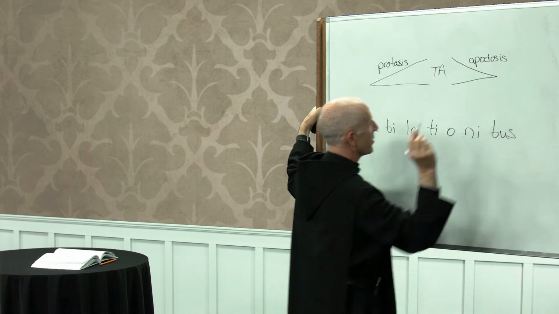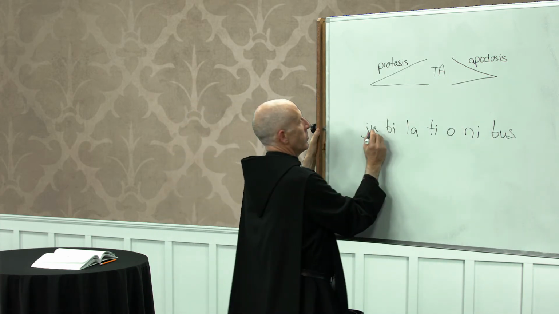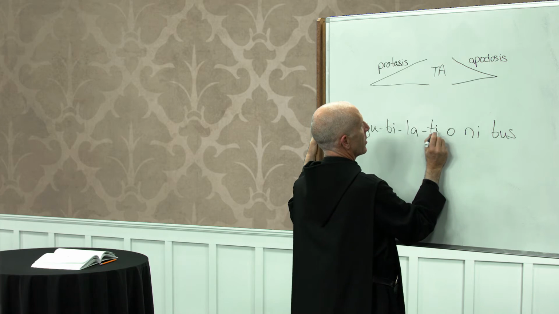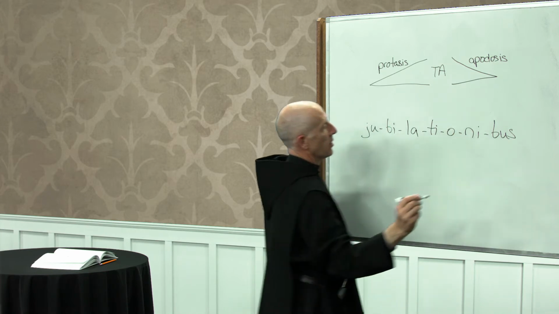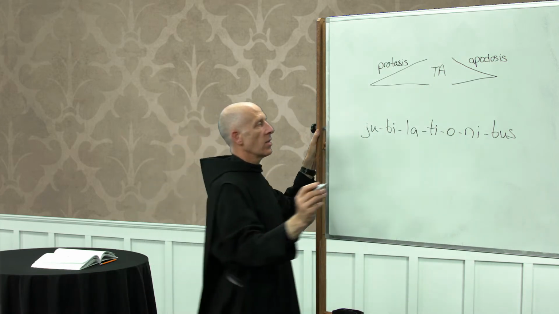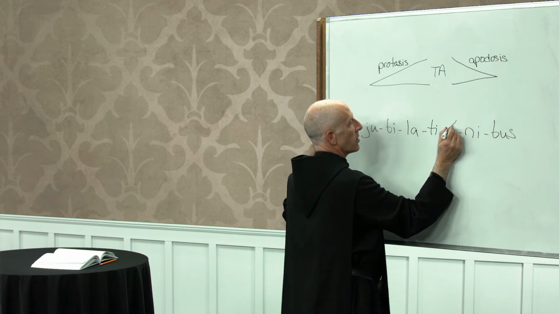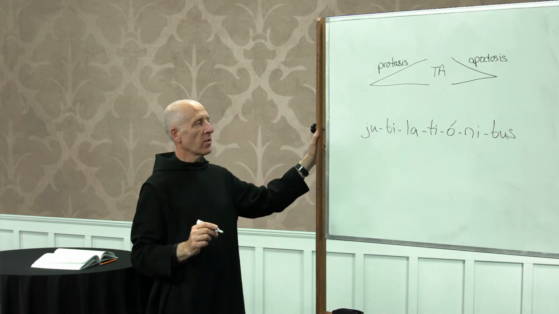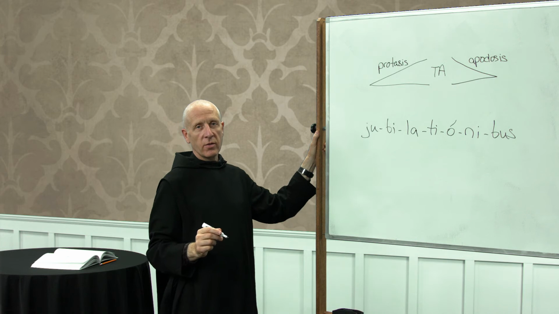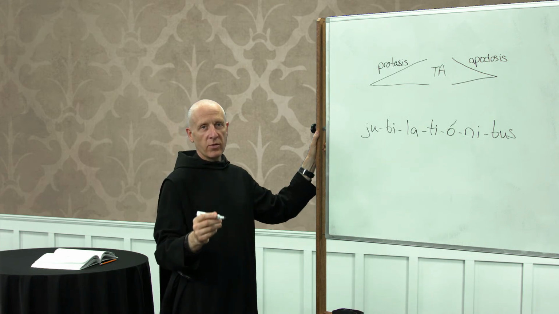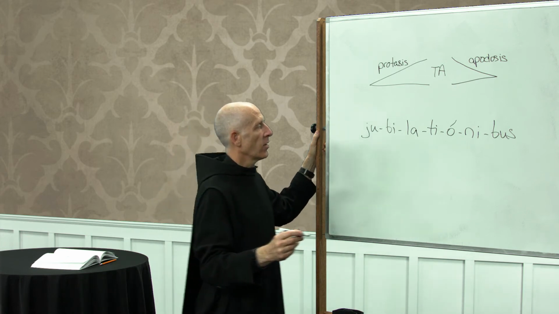Jubilationibus. So a hyphen between all of those syllables. Where is the accent? The accent is on O. It sounds like this. Jubilationibus. Okay.